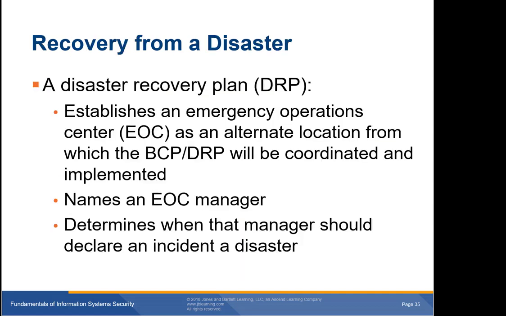The disaster recovery plan does three things. It establishes an Emergency Operations Center, EOC, as an alternate location from which the BCP and DRP will be coordinated and implemented. It names an EOC manager, and it determines when that manager should declare incident or disaster. A DRP enables you to make critical decisions ahead of time.